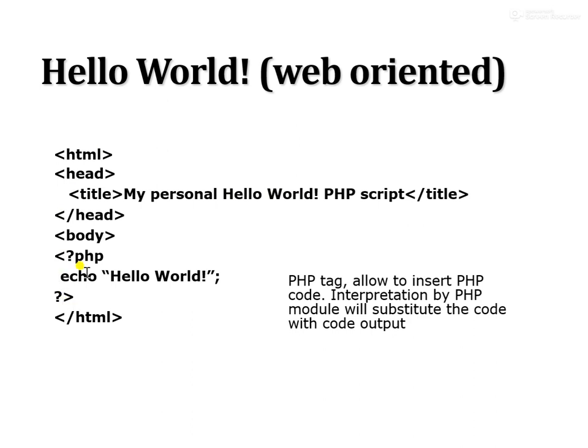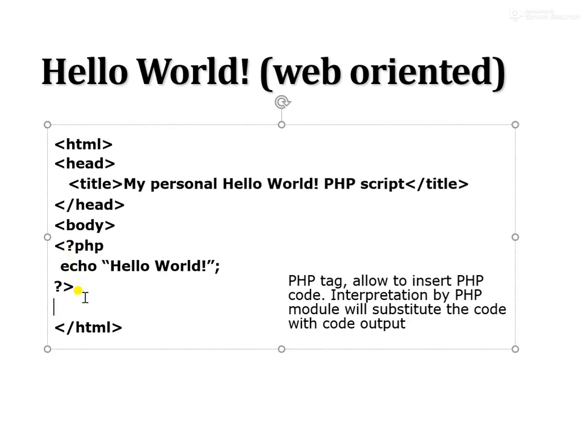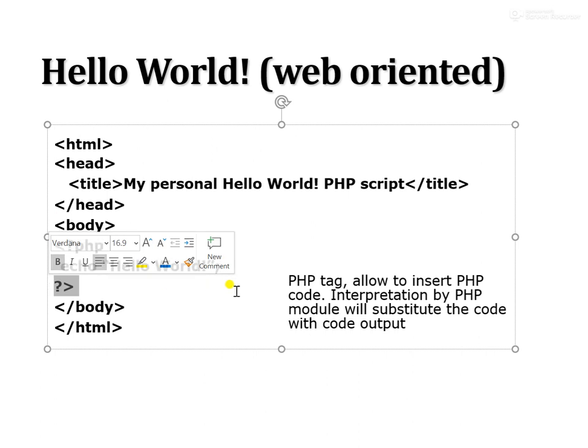Here the closing body tag is missing, it should be over there. Inside the opening and closing tags of body we have an opening PHP tag and a closing PHP tag.